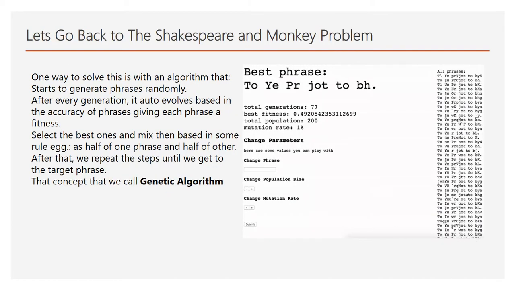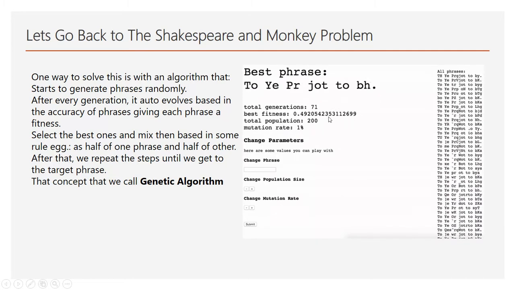So let's come back to the Shakespeare and the monkey problem. One way to solve this is with an algorithm that starts to generate phrases randomly. Here you can see we are randomly generating phrases, and here you can see the total generations, how much we have generated, and the fitness score we are looking for.